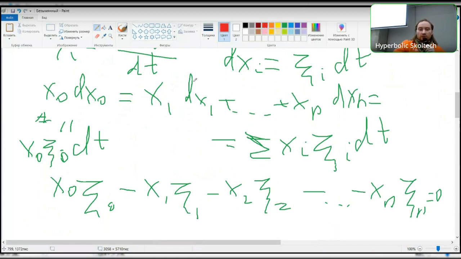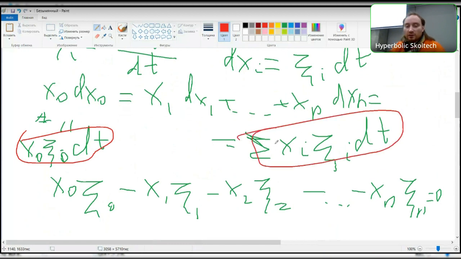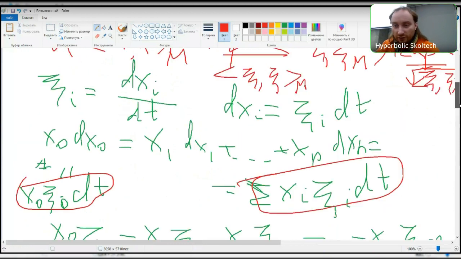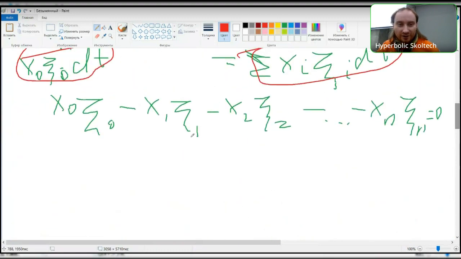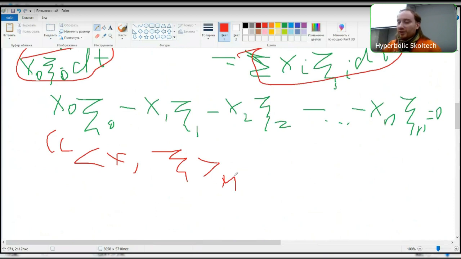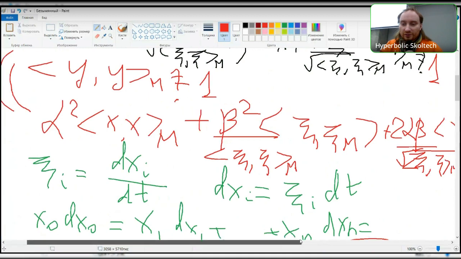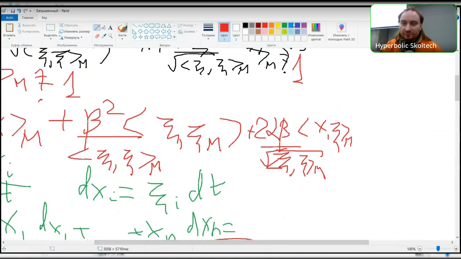From this equation. And actually this is a Minkowski scalar product for x and psi, and this was here. It equals 0.